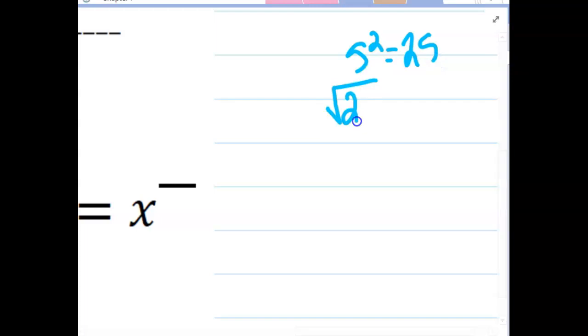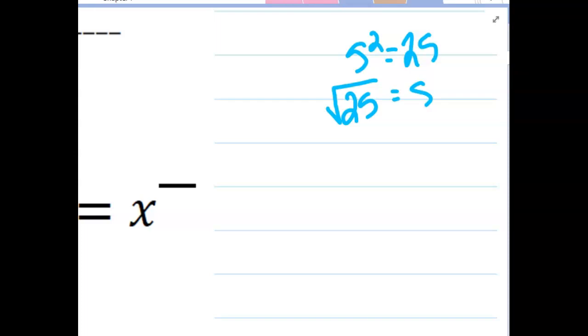So then if you take the square root of 25, what it's asking you is what number times itself 2 times gives you 25, and you would say 5. What number times itself 2 times? Since this is a square root, what number squared gives you 25?